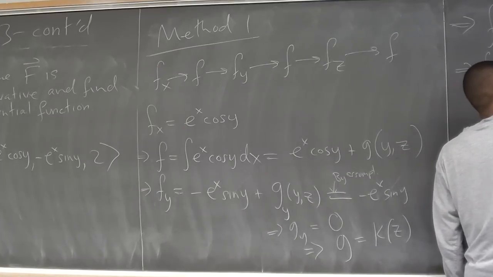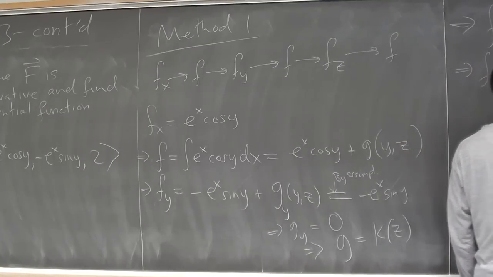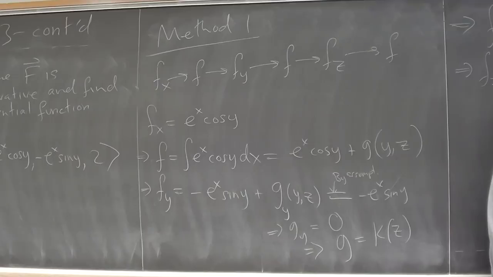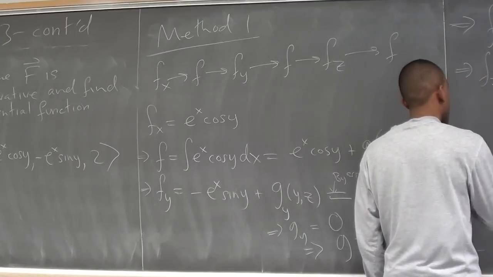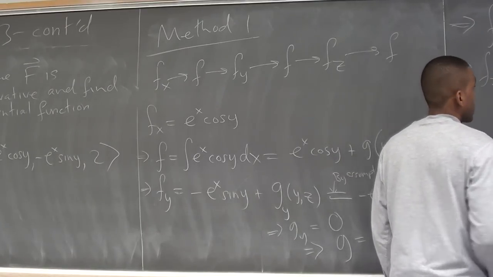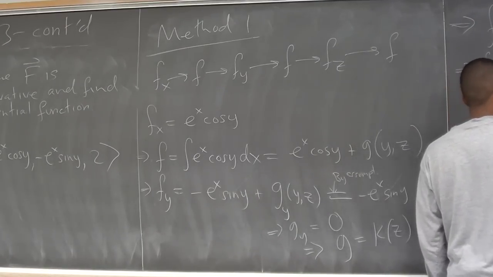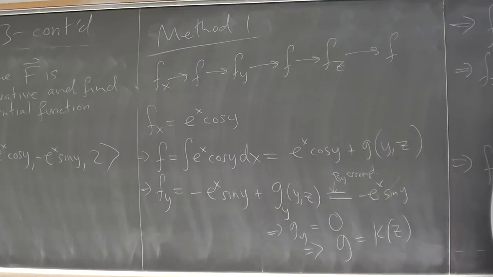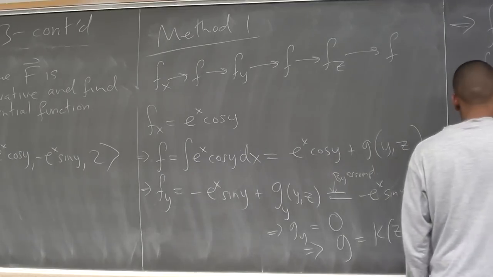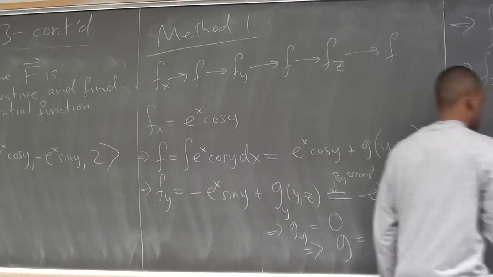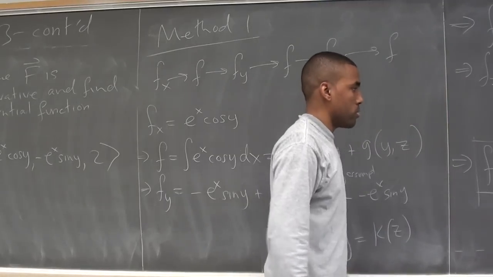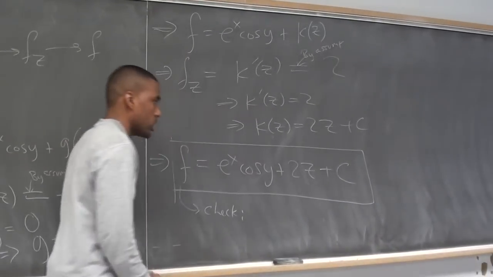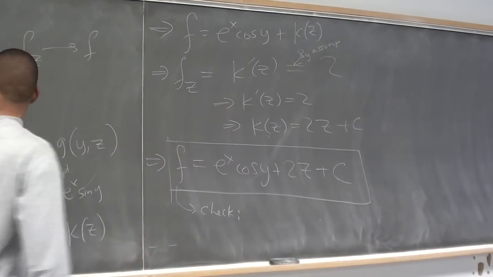This means that k prime of z is equal to 2, which means that k of z is just equal to 2z plus a constant. Therefore, my f is actually equal to e to the x cosine y plus the k, which is just 2z. And that's my function, right? And of course, you can do the check. If you actually find the gradient of this guy, you will get that back.